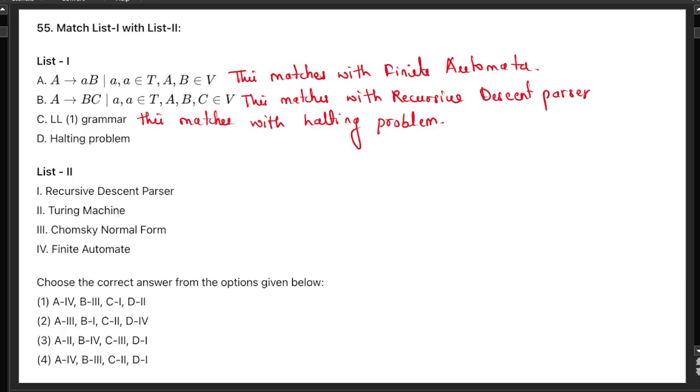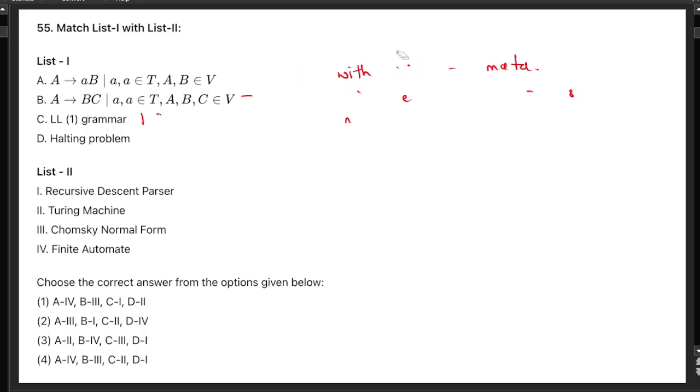So what we can do is, let's just see this. And the Turing machine matches with recursive descent. So let's see these options. Okay, so let me correct this one. Option A, if we see, this is not finite automata.